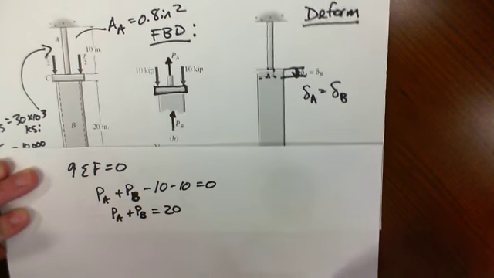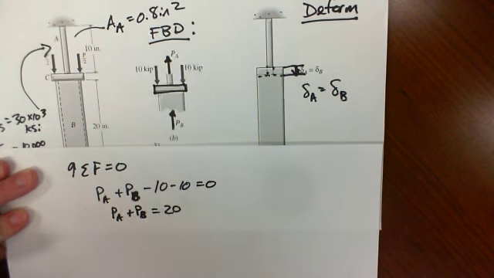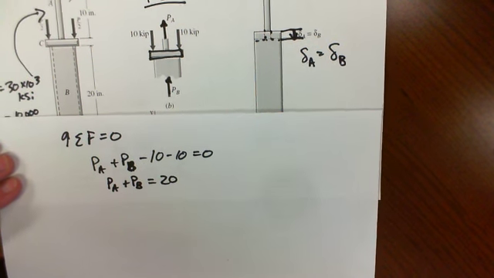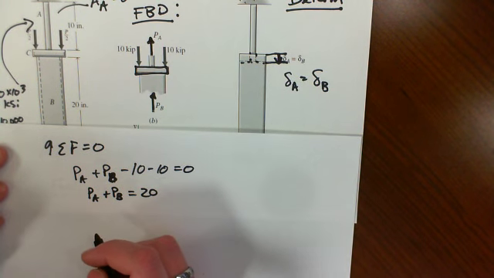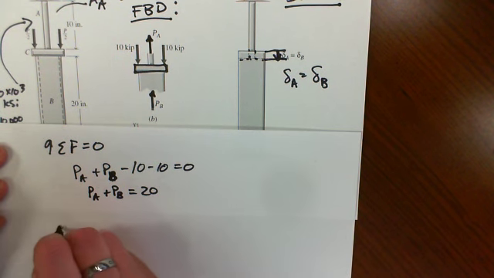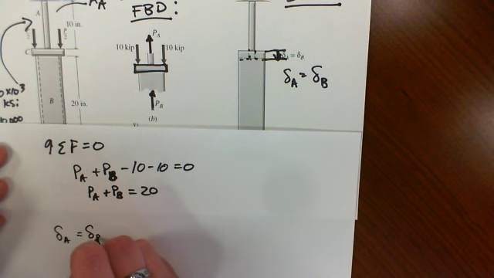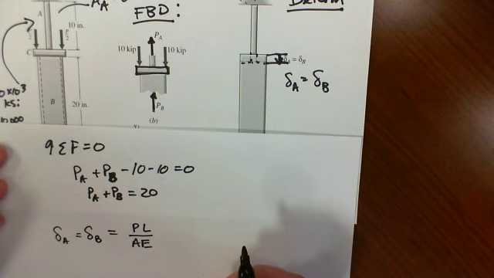We don't have enough equations to solve this problem just by looking at the free body diagram. So now if we write our equations for the deformation, we can end up solving for this. If the deformation of A is equal to the deformation of B, we can use the equation PL over AE and solve for those.